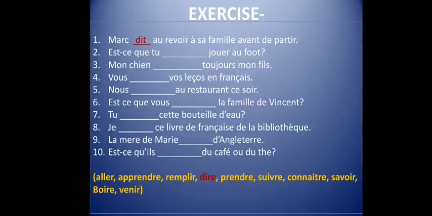Alright? And savoir also means to know. But this verb you use when you know a fact or a skill. Alright? Now do your answers and then check whether you have done correctly or not.